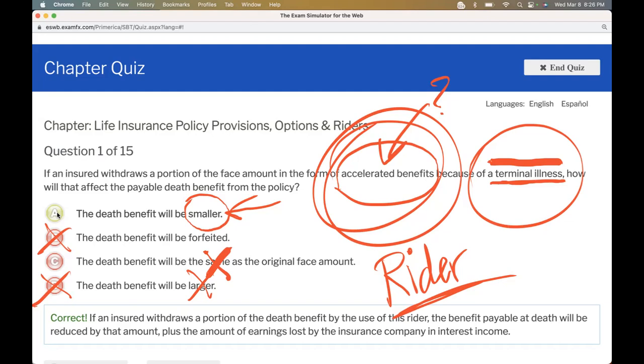A rider is an additional benefit so that if something happens, like in this case, terminal illness, you get something extra out of it. Any questions? No. If you could screenshot this, just the way I wrote it down, that would be great. This is going to help you review it later on your camera roll.